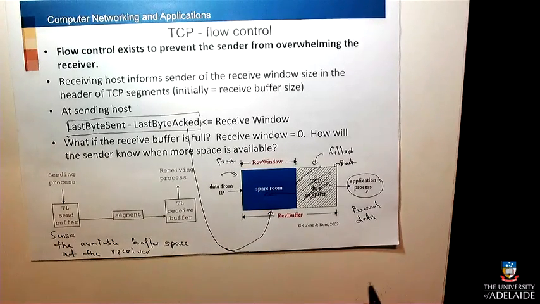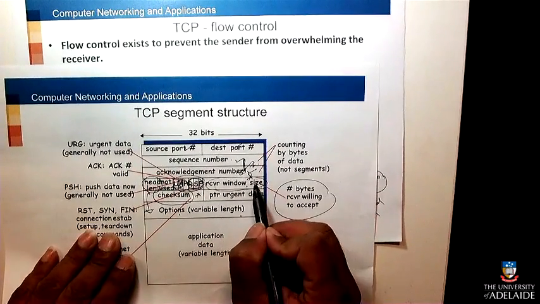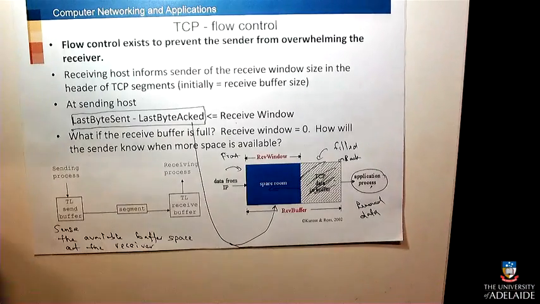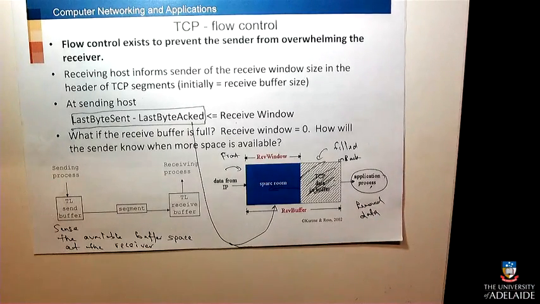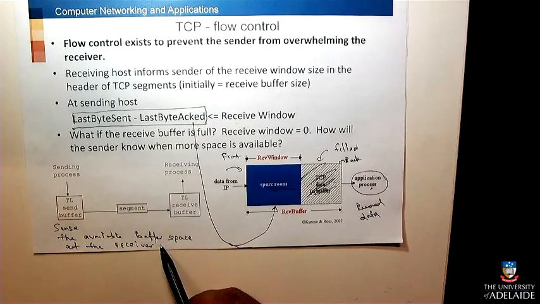How does it do that? It looks at the receive window size. So that means the sender can throttle, if you like. Throttle, like accelerator, motorbikes, anyone? So it can reduce or increase the sending speed based on how much buffer space is there, so I don't overwhelm the receiver.